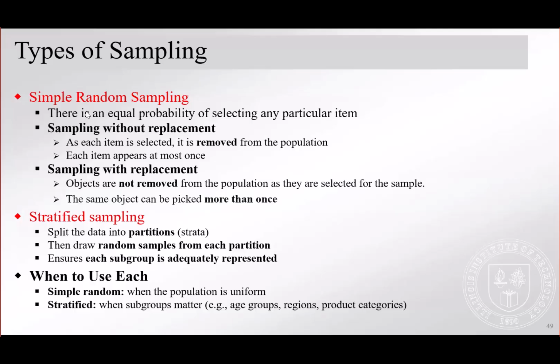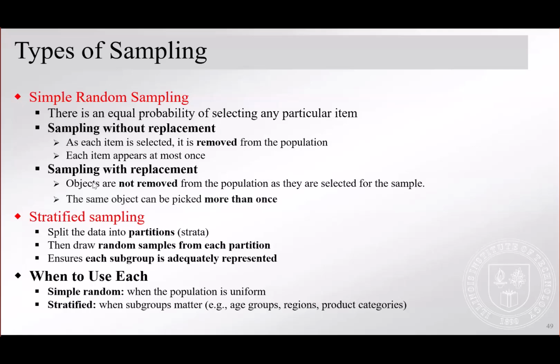First, we have simple random sampling. Every item has an equal probability of being selected. We have two flavors here. The first one is without replacement, which means once an item is selected, it's removed from the population, so each item appears at most once.